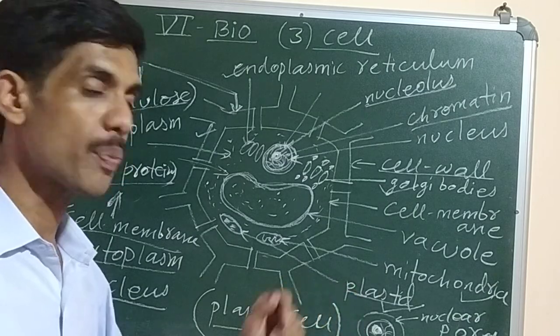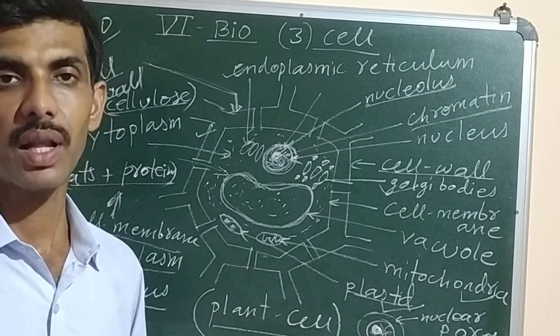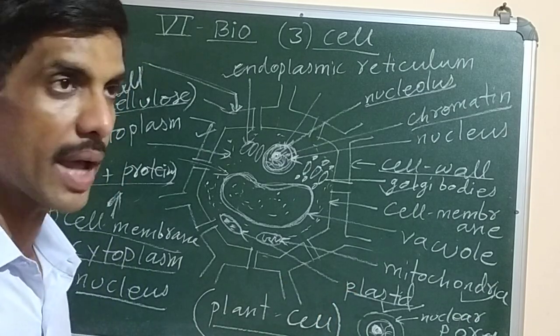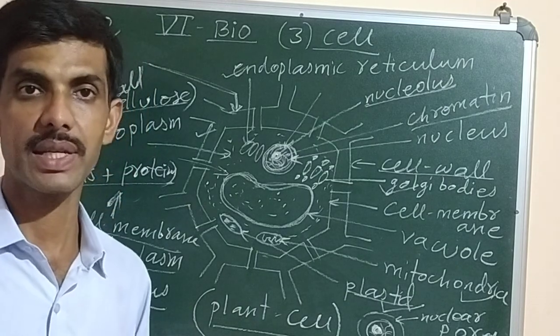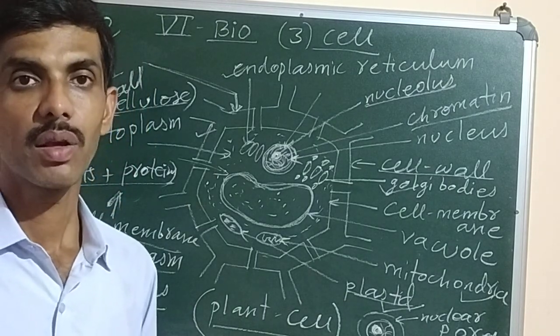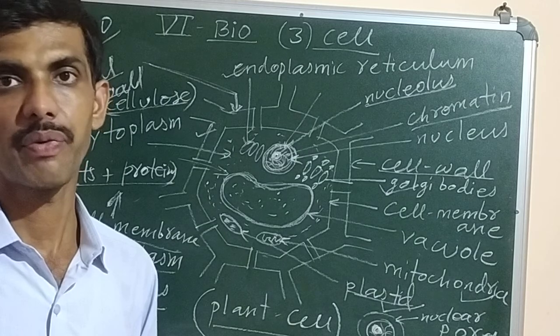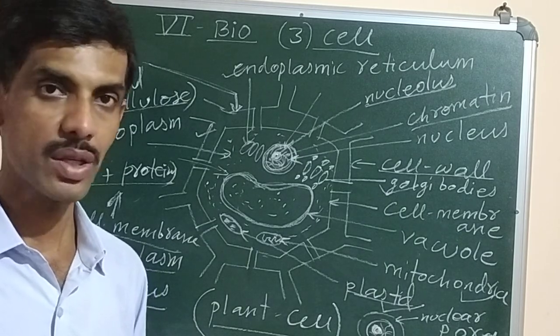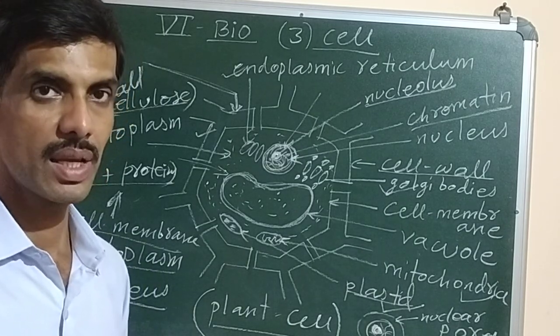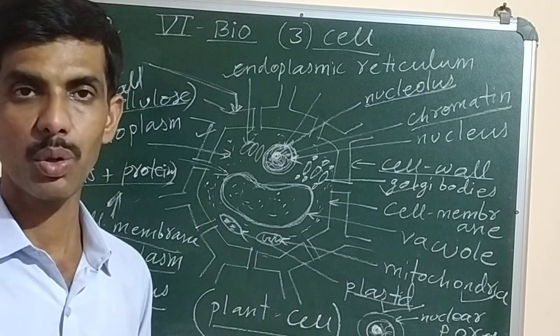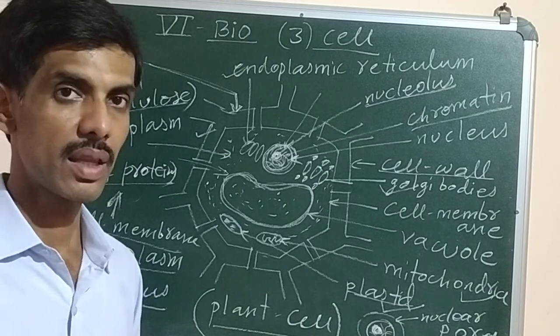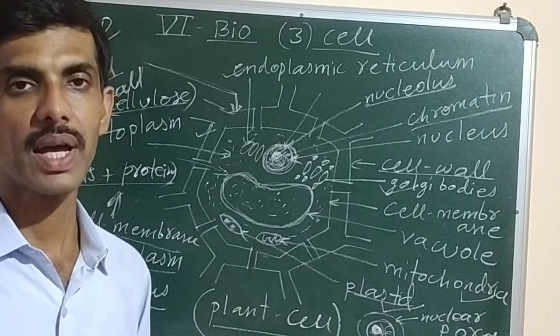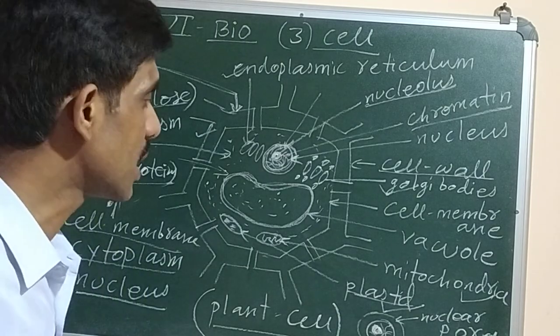Then we have the chromoplast which gives color to flowers and fruits, and the leucoplast, the third type of plastid, is the one which stores food in the form of starch. So they are called colorless plastid. Green plastid is chloroplast, the colorful plastid is chromoplast, and the colorless plastid is leucoplast.